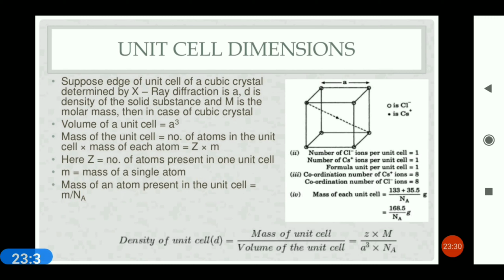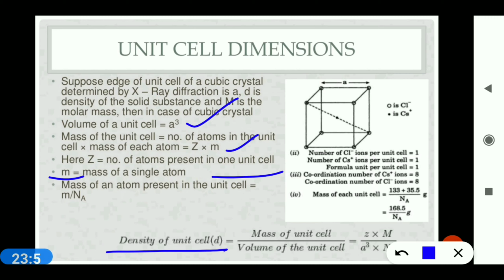In this you have to find out the density, relation of the density. So volume of the unit cell is A cube. Mass of the unit cell is equal to number of atoms into mass of each atom, where Z is the number of atoms present in the unit cell. Small m is the mass of the single atom. So when we calculate the density, you know density is equal to mass upon volume.